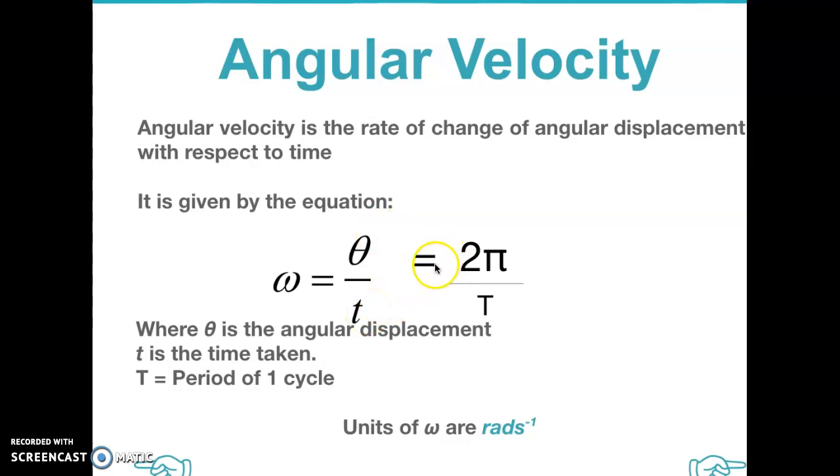And that would be equal to, for an entire circle, 2 pi, which is one entire cycle, divided by the period. The units of angular velocity are radians per second, radians s to the minus 1.